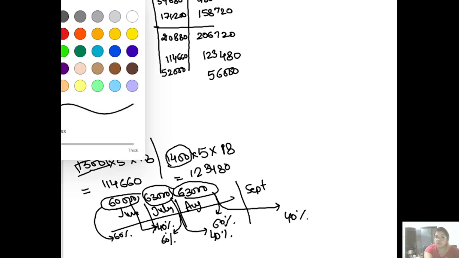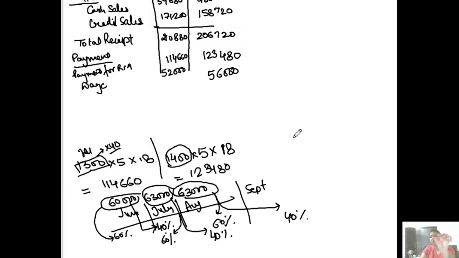Again, in the question it is clearly stated, they told you everything clearly. July's overhead is 60,000, and then they expected it will increase by 5% from the month of July.